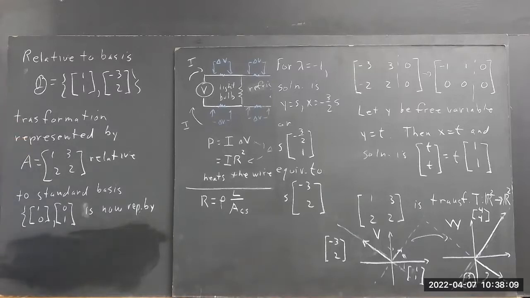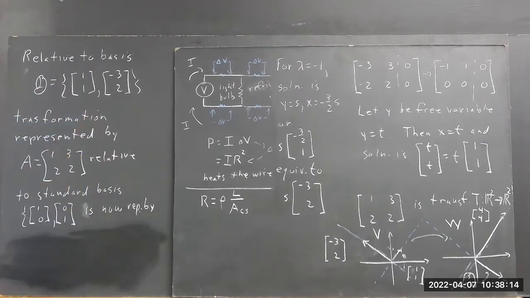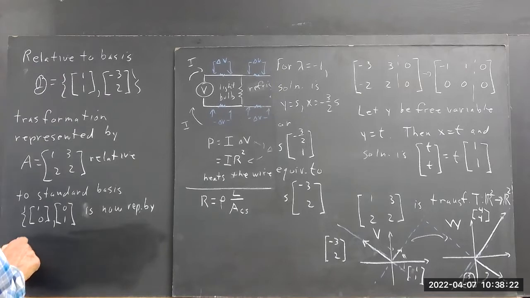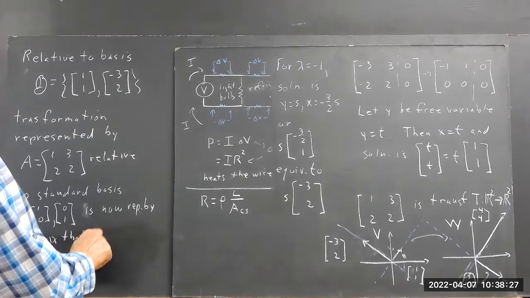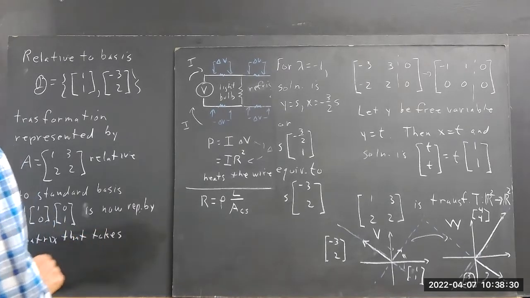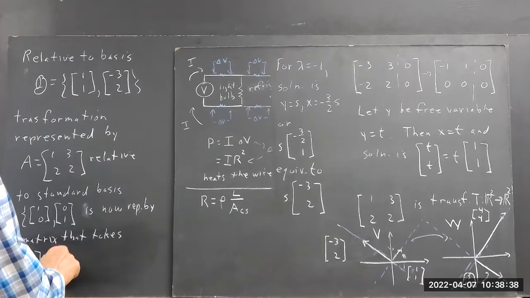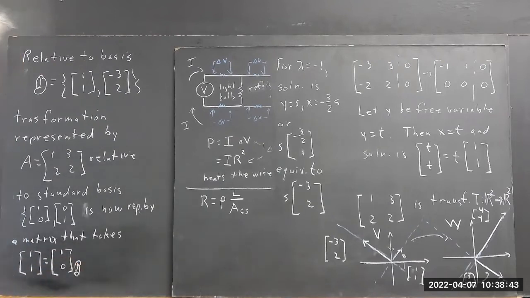Relative to this basis, the vector 1, 1 is the vector 1, 0.